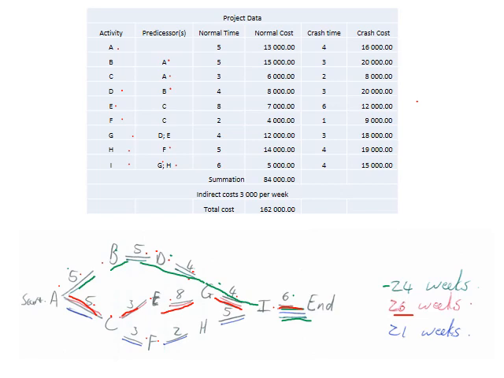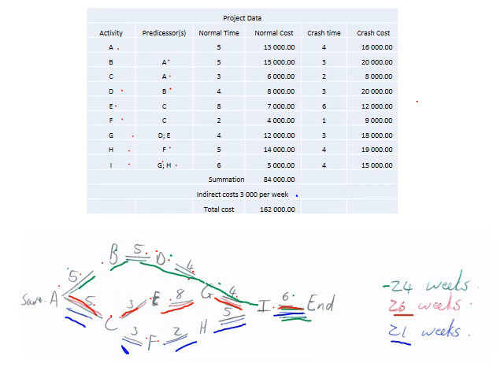And the last one is I, H, F, C, and A, and it gives us 21. So basically we established that our critical path is 26 days, so that's our longest path, and from that we can calculate our cost per item. So that's what we use that for.